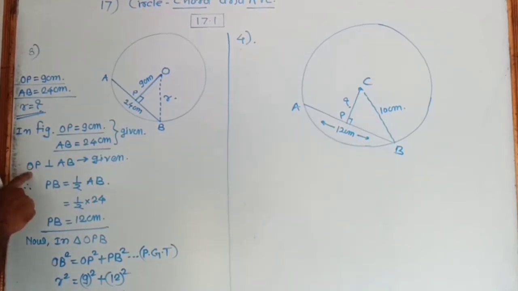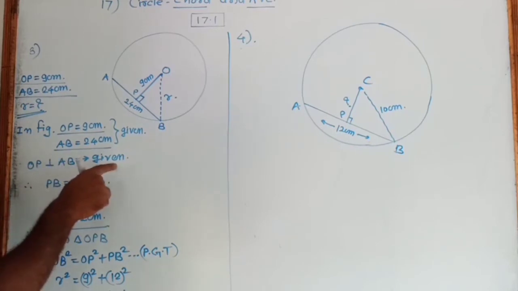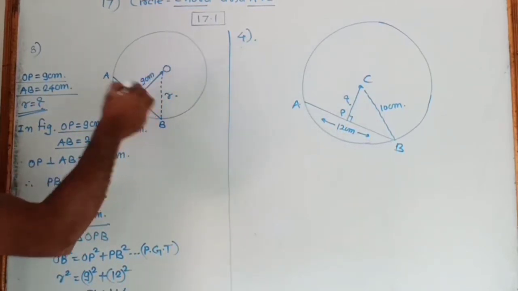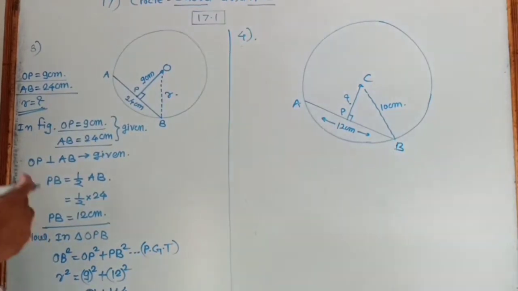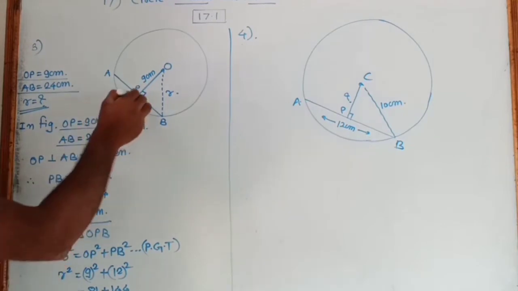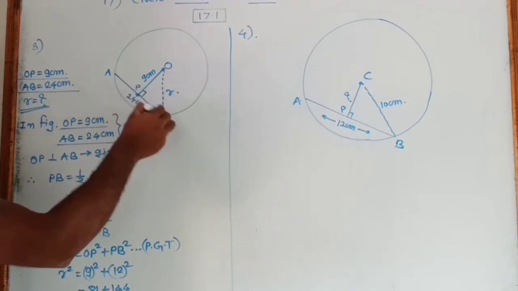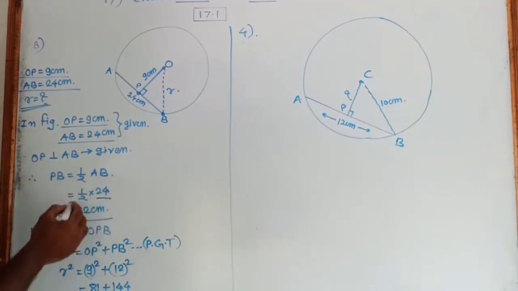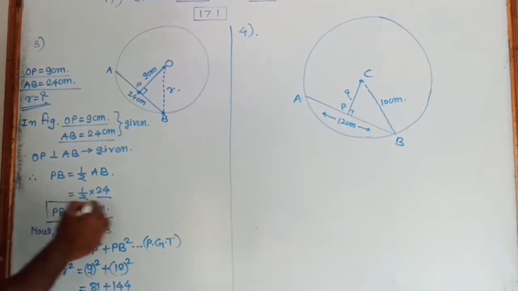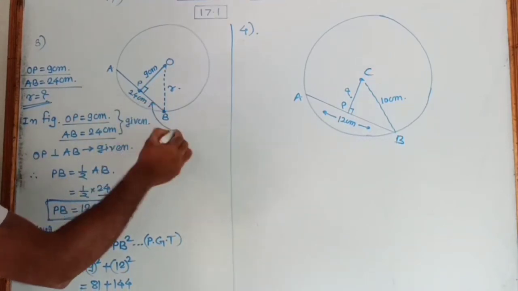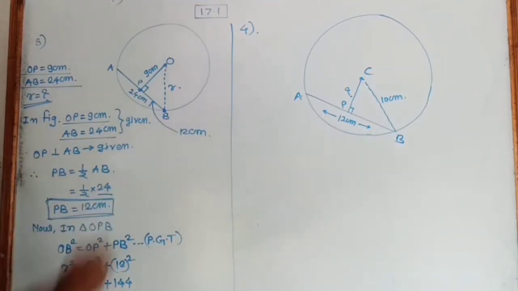Most important, OP perpendicular AB is given here. So according to the property, the perpendicular drawn from center of circle on the chord bisects the chord. Therefore PB is half of AB. But AB is 24, so half of 24 is 12. So we get PB as 12 centimeter.